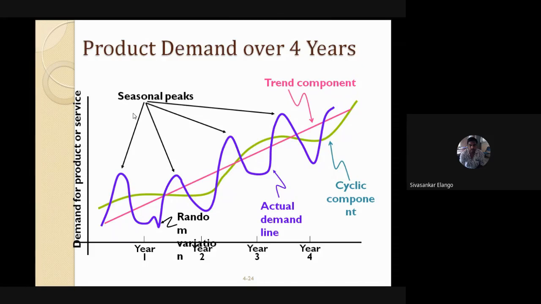And the cyclic component is the long-term wave-like component. And there are some random variations also. Due to some government policies or some exceptional data, we also have some decrease in sales, right? So these are the 4 components of time series analysis.